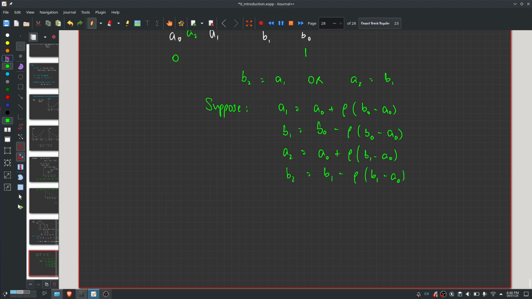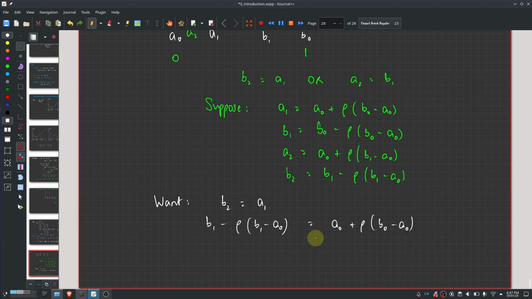Now I want B2 to be equal to A1, or in other words, B1 minus rho times (B1 minus A0) should be equal to A0 plus rho into (B0 minus A0).